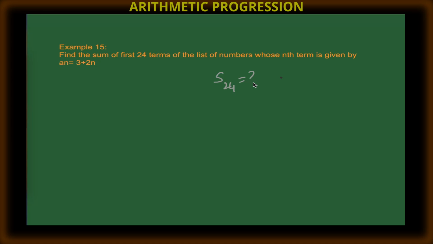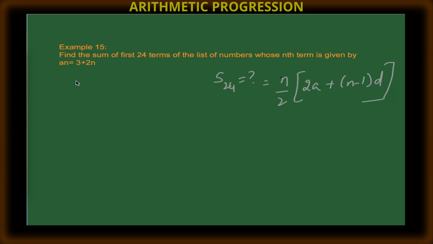We have the formula n by 2 into 2a plus n minus 1 into d. In this we have n, but we don't have a and d. So how can we find them?